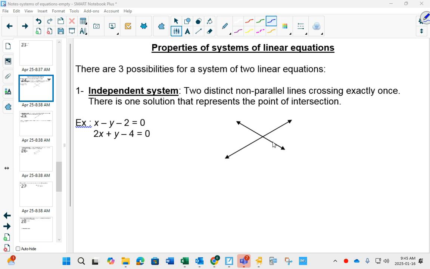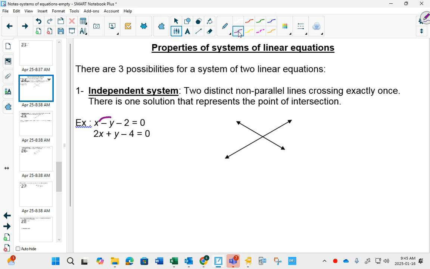Probably if I saw this equation, I would use the elimination technique because things are already all lined up, and I look and with my y's, they have the same coefficient of 1, but one is positive and one is negative. So if I added these equations, I'd get x plus 2x would be 3x. The negative y plus y would be 0. Negative 2 plus negative 4 would be negative 6. And 0 plus 0 would still be 0.